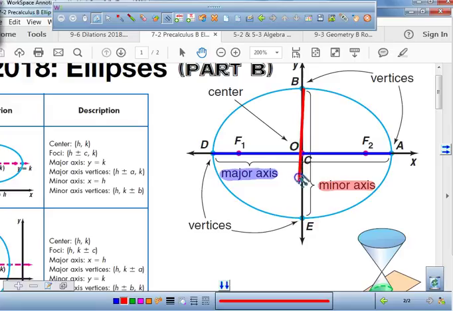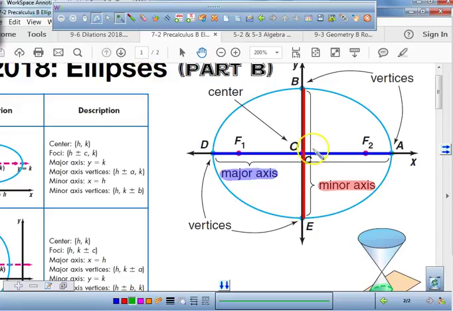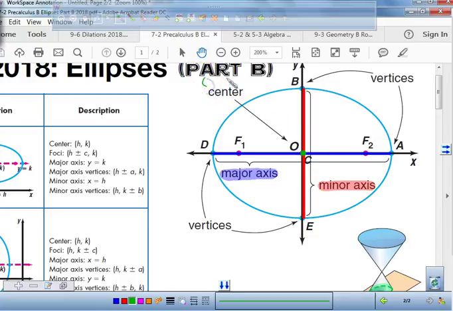Major is the longest one, minor is the shortest. The major and minor axis will always bisect each other perfectly at the center. The center of the ellipse is the h and k values. Wherever the (h, k) is, that's the center of your ellipse.